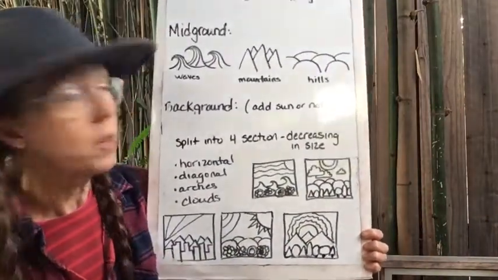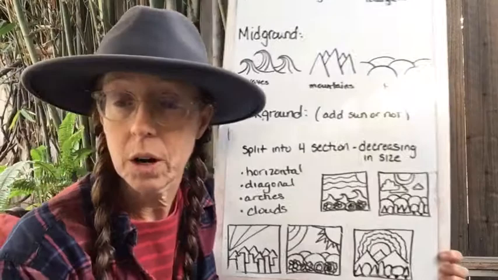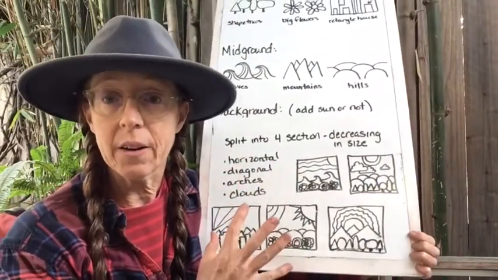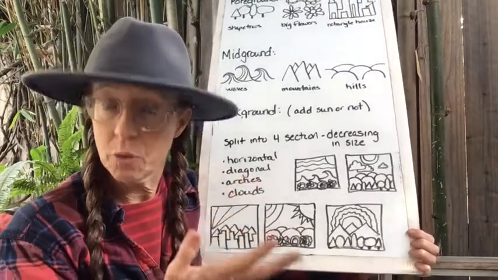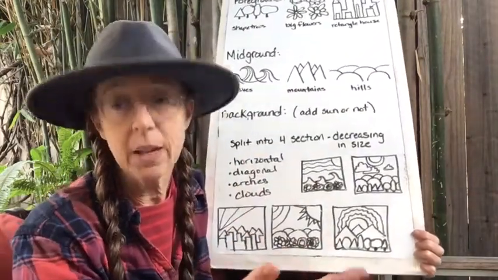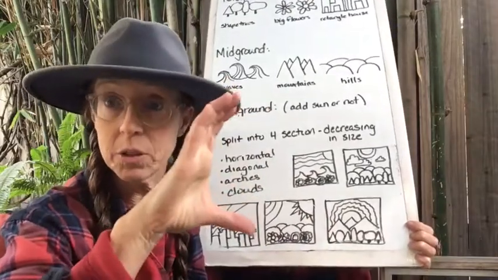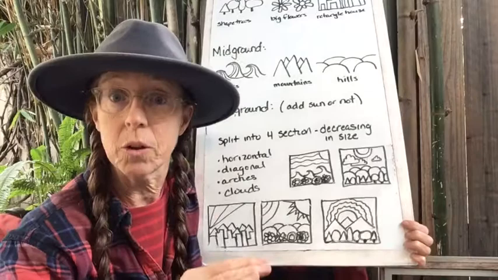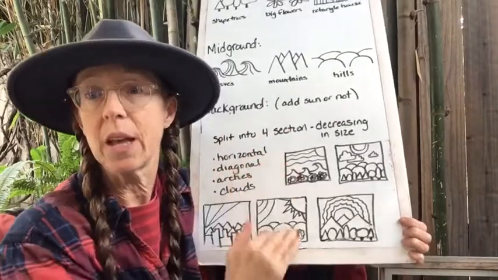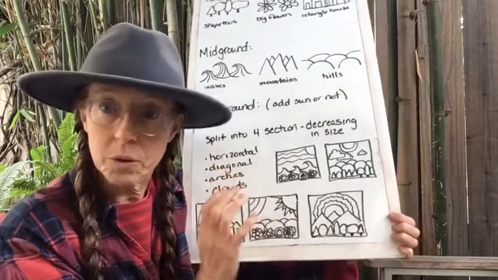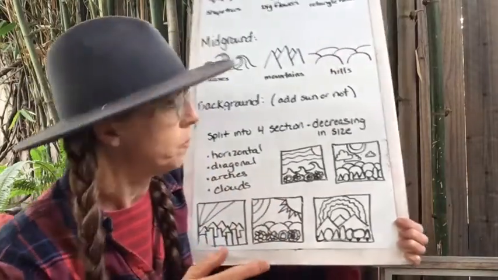So you make a choice of sun or no sun for your background, and then you're going to take the whole sky area and split it into 4 sections, decreasing in size. Like carbon dioxide is the most amount of greenhouse gases, it's 76, and then the other 3 are smaller. So kind of split your sky like that. If it's not exactly like that and decreasing in size because it doesn't work with your composition, that's okay too.